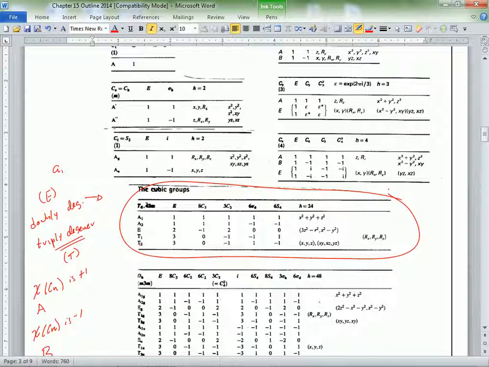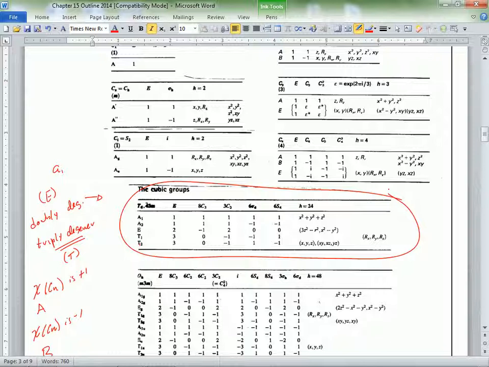Do you get a constant times the sum of all the characters of A1? Okay, so you add up all these characters, what do you get? Let's see, this guy's gone. You just get 24, right? You agree? Don't you just get 24? Brad, you agree with that?